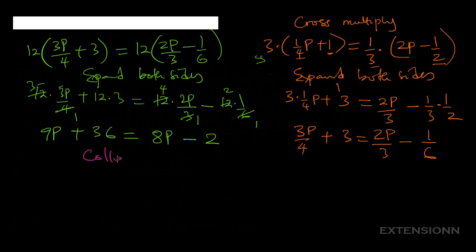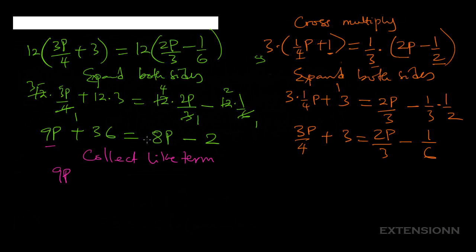By the time we collect like terms, you notice 9p and 8p look like they are from the same family because they have p attached to themselves. So 36 and 2 also look from the same family because they don't have any p attached to it.